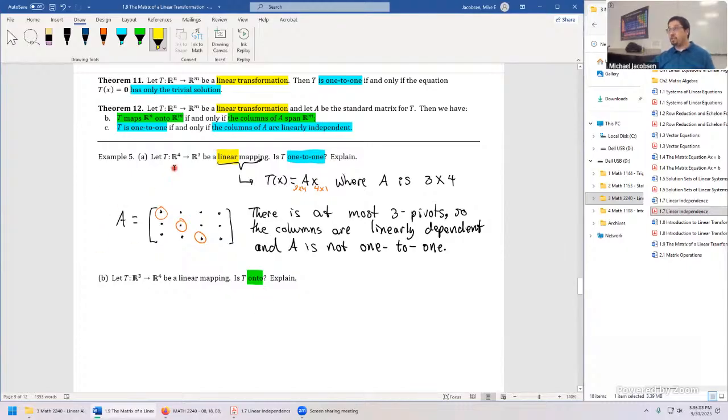Any questions with what's going on in this one? Okay, so a big takeaway here is that nonlinear transformations is kind of like the Wild West of transformations. It's almost as if anything goes. But the moment you insist your transformation is linear, there's some hard and fast rules that kind of matches with what your intuition would say.